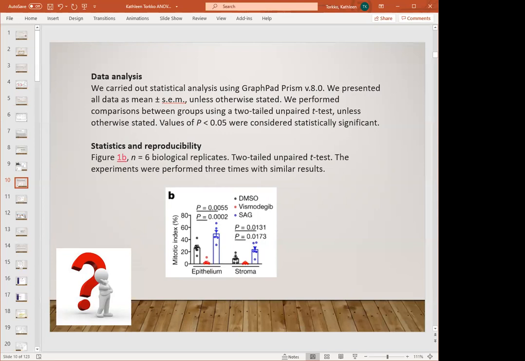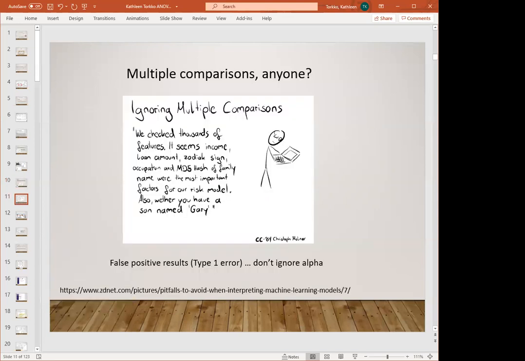And this brings up a problem of multiple comparisons. Those of you who do big data experiments where you're looking at hundreds, if not thousands, of different factors that you're trying to determine if they are significantly different, you run into a problem of a lot of false positives, and you have to worry about false discovery rate.